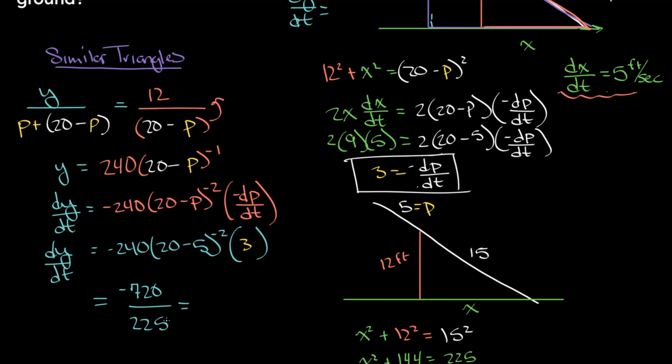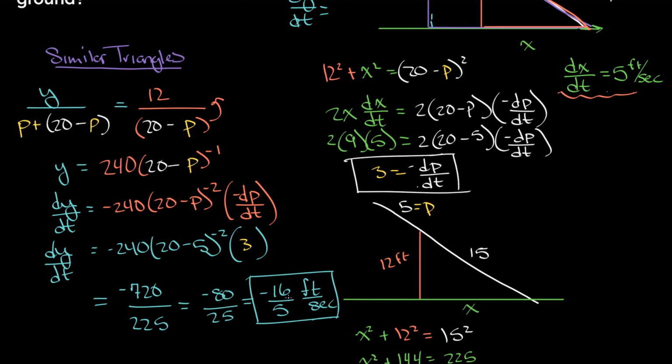And can I divide 225 by 3? Yes, so this can be divided by 9. 25 times 9 is 225. So this is 25. And then dividing the numerator by 9, we have negative 80. And then this can be divided by 5 again. So we have negative 16 over 5 feet per second. And that is dy/dt.